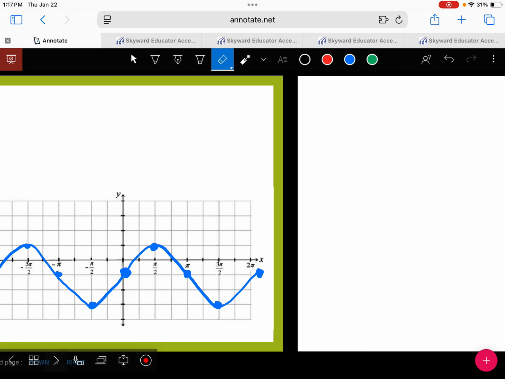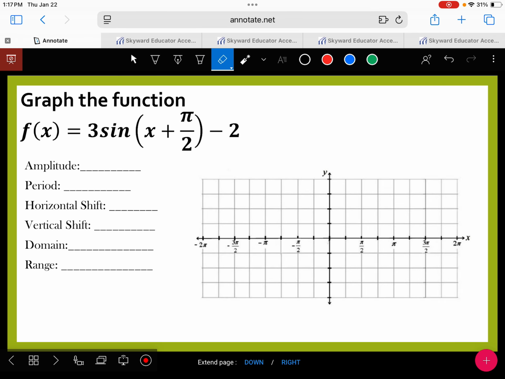All right, let's look at the next one. This one, I'm going to warn you, is not going to fit on the graph, so we're going to have to bootleg it a little bit, but that's okay. What is my amplitude, everybody? 3. Period: this is B right here. So period is 2 pi divided by 1.